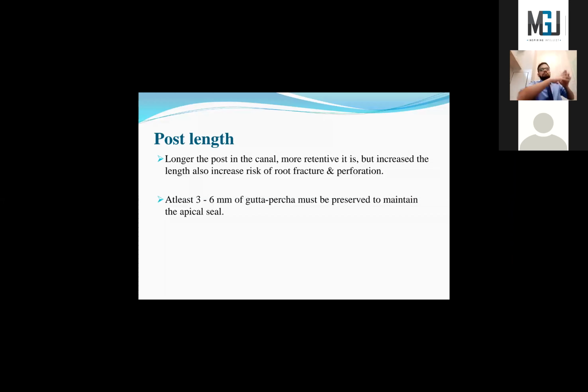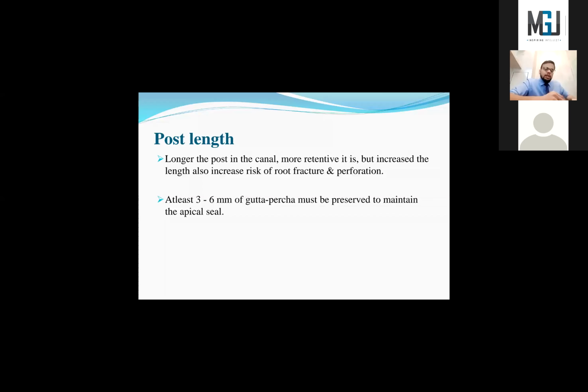Now, we'll discuss a little bit about the theoretical aspects of post and core in the latter part of my lecture. What should be your actual post length? It cannot be arbitrary. You have to have a specific mathematical formula, a specific mathematical calculation.